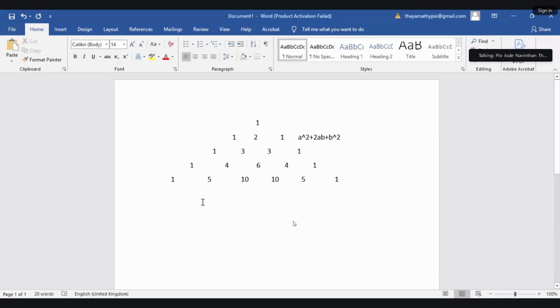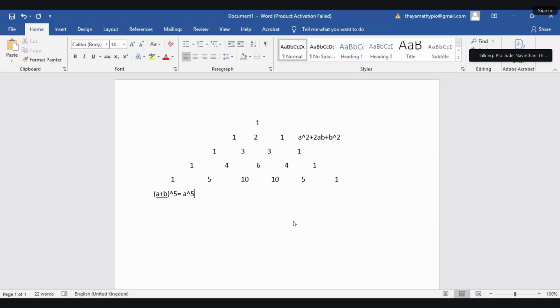For example, if someone asks you, this is 2, 2, 3, 4, 5. Until 5 we have. So someone asks you, okay, what is the value of (a plus b) to the power 5? So you can say, yes, I will do it. First one is a to the power 5.